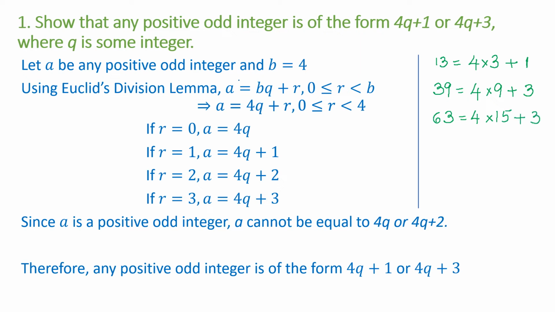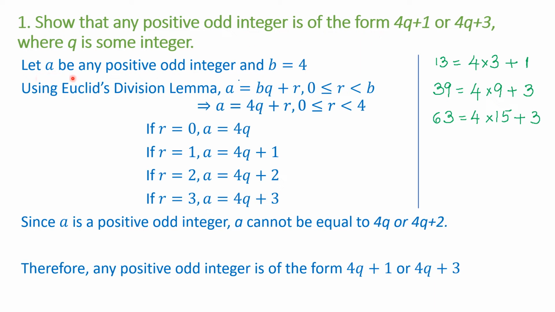As you can see, if I want to write an odd integer as a multiple of 4, my remainder is going to be either 1 or 3. So let's start doing this mathematically using Euclid's division lemma.